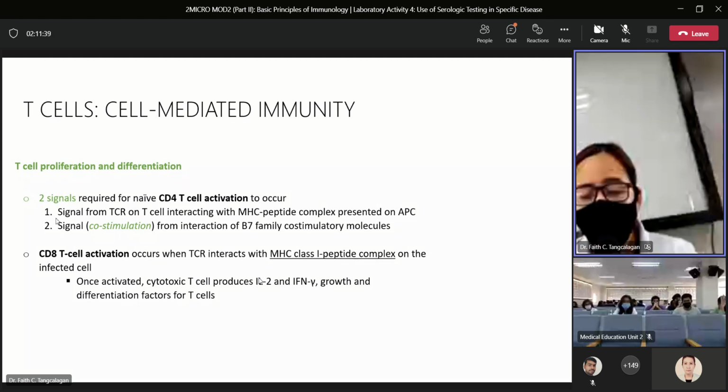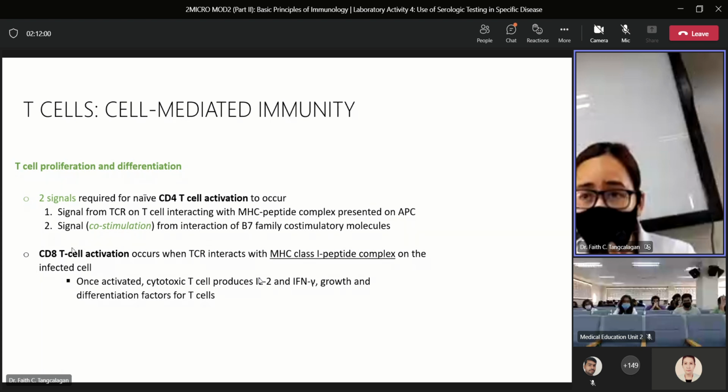For your CD8 T cell, it doesn't require any co-stimulation at all because it actually has the potential to directly destroy a pathogen. So it only has this signal.